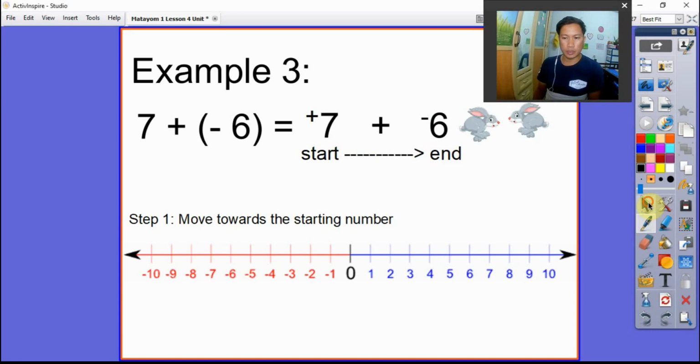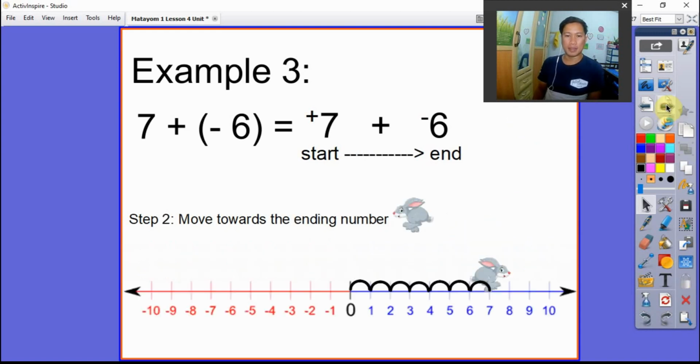Now let's have example number 3. We have 7 plus negative 6, which is the same as positive 7 plus negative 6. We will start at the starting number 7. Now let's hop towards the right 7 times: 1, 2, 3, 4, 5, 6, 7. Now let's move to our second step, moving towards the ending number.